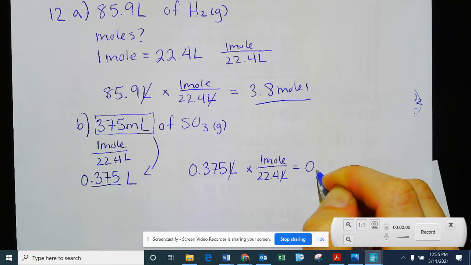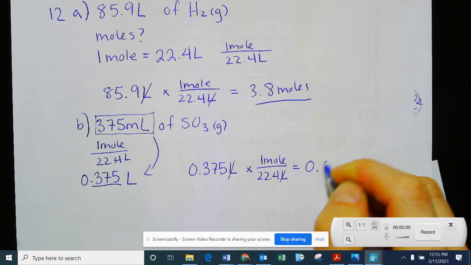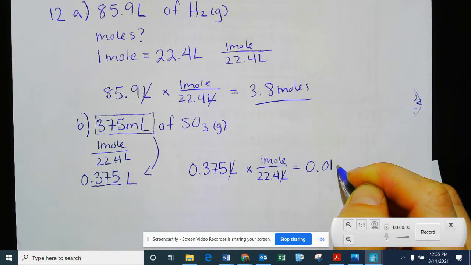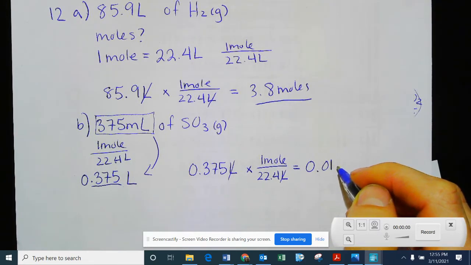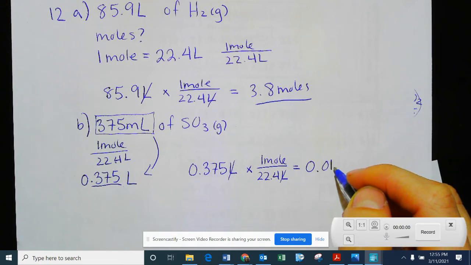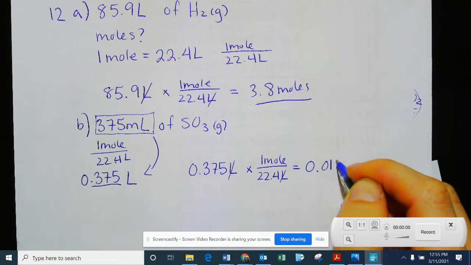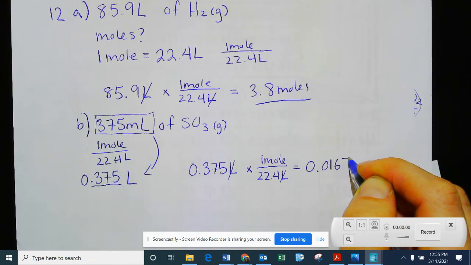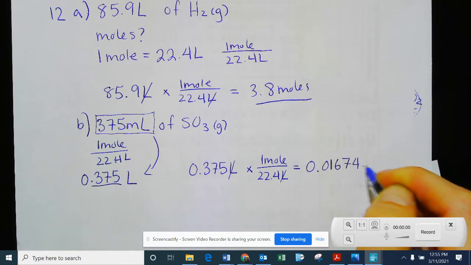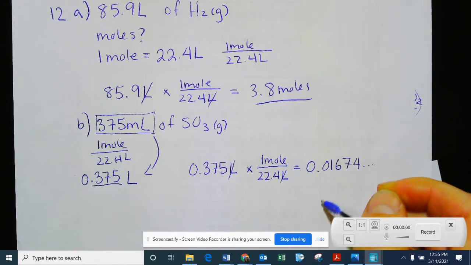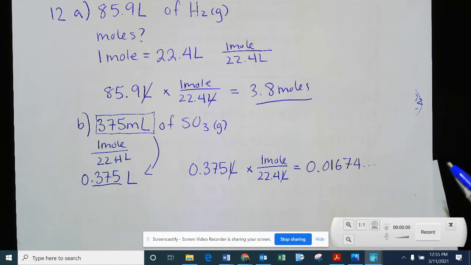0.0... Okay, good. 0.0167.4 and so on. But how many sig figs do I have here? So yeah, 3 in that, and I know 22.4 liters.